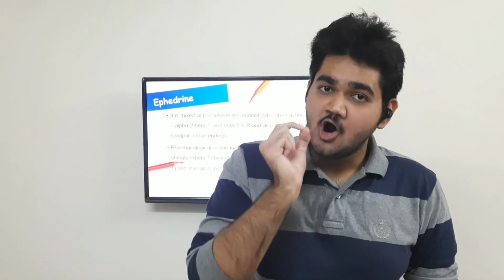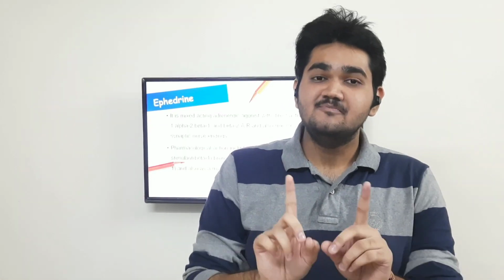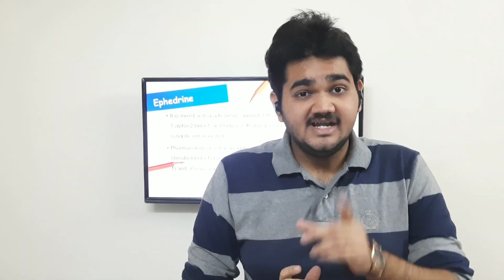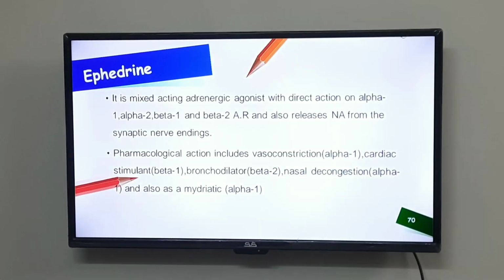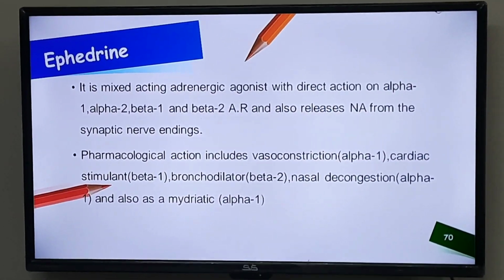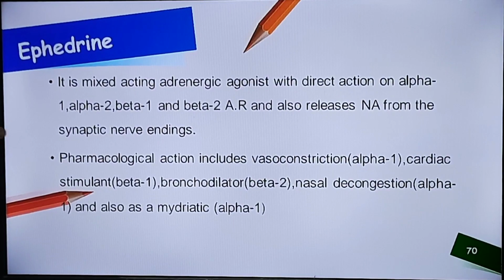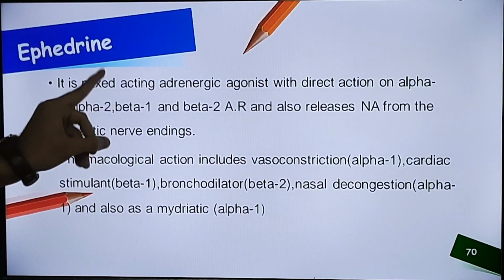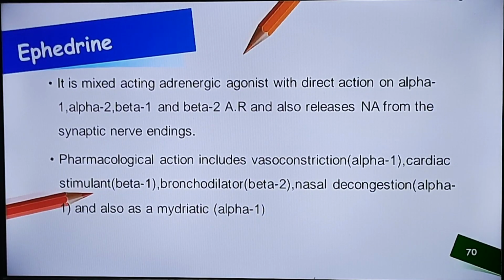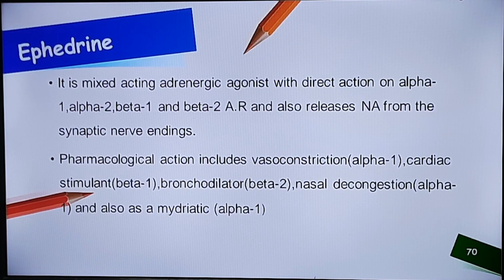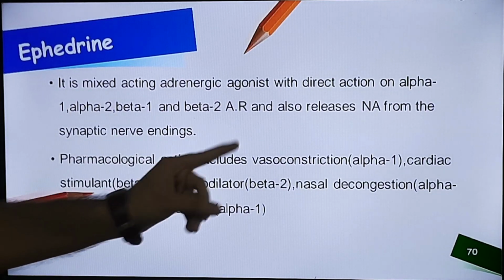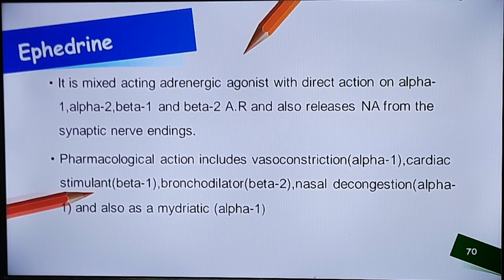That is a purely directly acting sympathomimetic drug. बट यहाँ पे ये एफिड्रीन लिखा है, it is not written epinephrine. बहुत बार बच्चे कंफ्यूज करते हैं, so don't get confused. एफिड्रीन इज अ मिक्स्ड एक्टिंग एड्रीनर्जिक एगोनिस्ट with direct action on our alpha 1, alpha 2, beta 1 and beta 2 adrenergic receptor, and also it will release noradrenaline from the synaptic nerve ending.